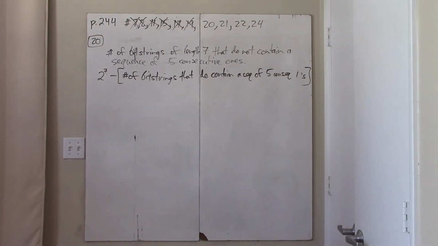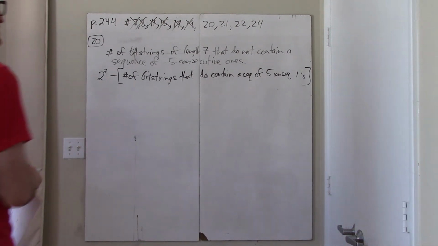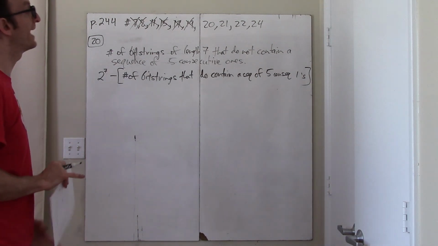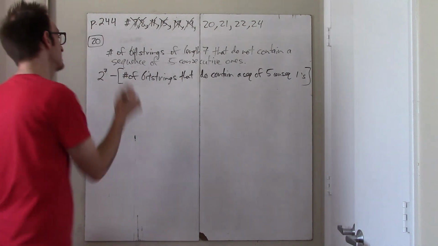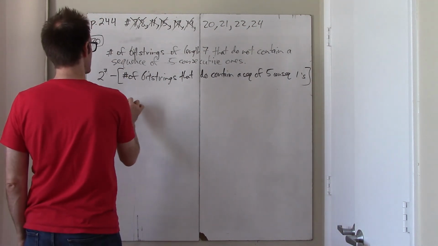Okay, this seems like it would be easier to count. And yet, counting the number of bit strings that contain a sequence of 5 consecutive ones is actually quite hard, I think. Because now we can sort of just imagine, well, what does a string look like with 5 consecutive ones? Well, one possibility, if the string's of length 7, is that it looks like this.